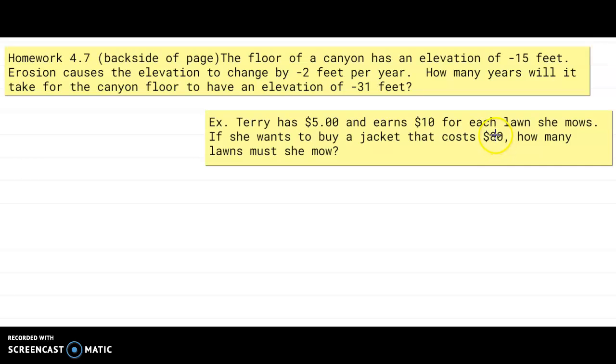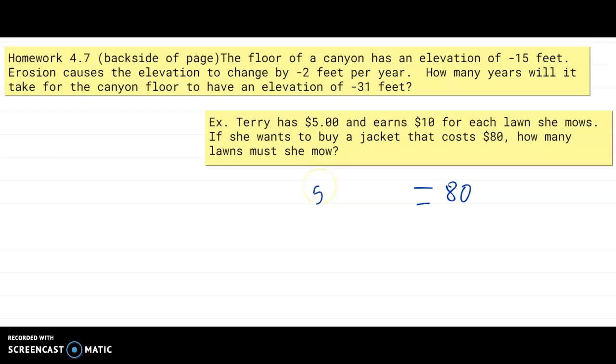Well, she already has $5, and then she's going to be earning $10 a certain number of times, and that has to be equal to or greater than $80. So I'm just going to say that it's equal to $80. If she earns more than $80, that's fine, but she has to at least earn $80. She cannot earn less than that.